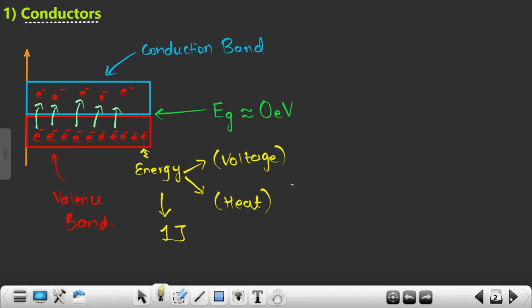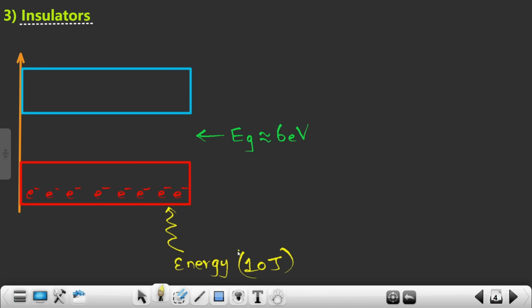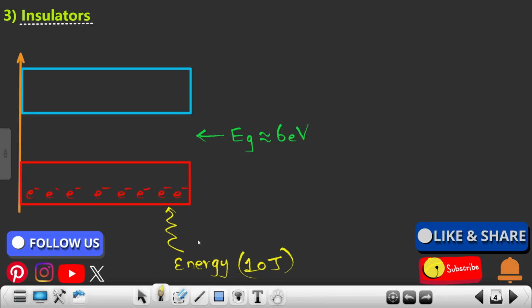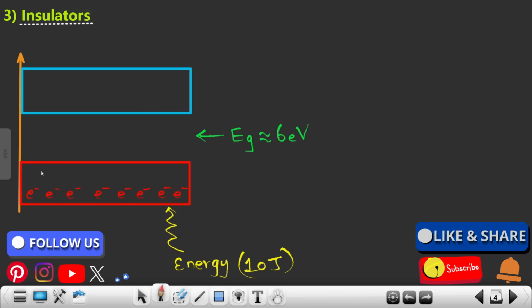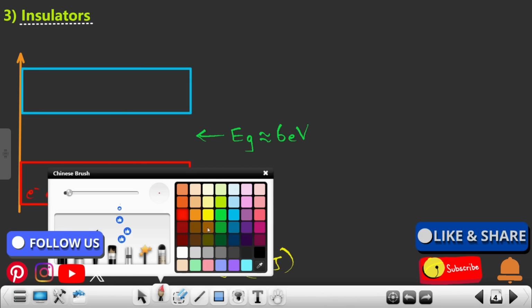Even though I'm applying very high energy to the valence band of the insulator, the electrons are not able to cross this forbidden energy gap, and they will prefer to remain as they are.